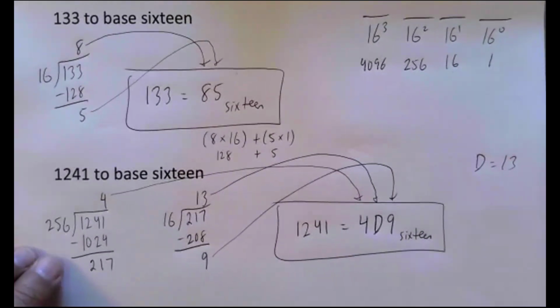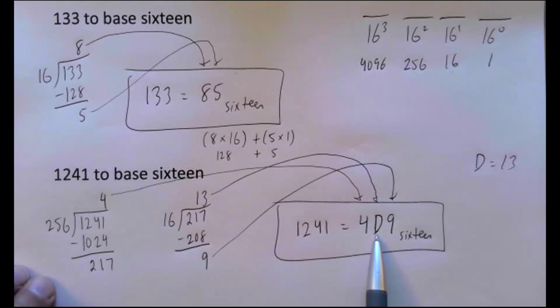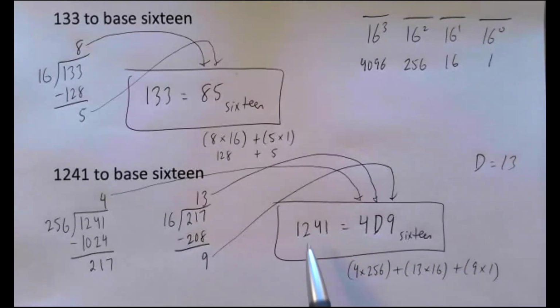In other words, 1,241 equals 4 sets of 256 plus 13 sets of 16 plus 9 sets of 1. If you go through the math on this, that should turn out to be 1,241.